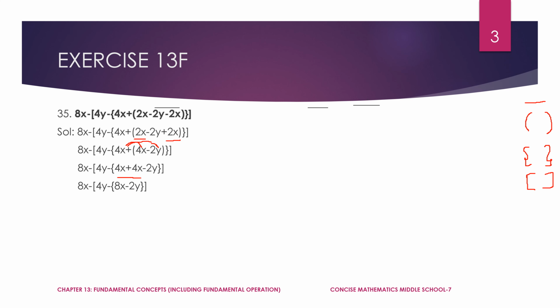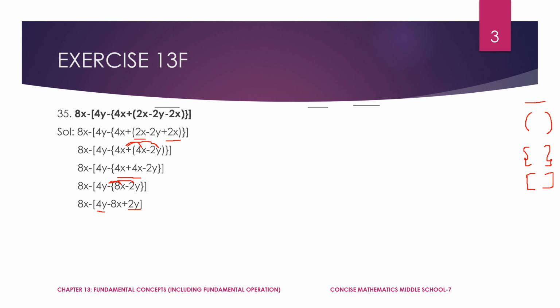Now inside this brace, you cannot perform any arithmetic operation. So just come out and multiply it with minus with both the terms. So it becomes 8x minus of 4y, plus into minus, minus 8x, minus into minus, plus 2y. Again, now next we need to solve this square braces. Inside the square braces, can we perform any arithmetic operation?